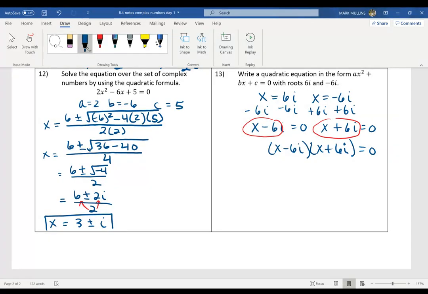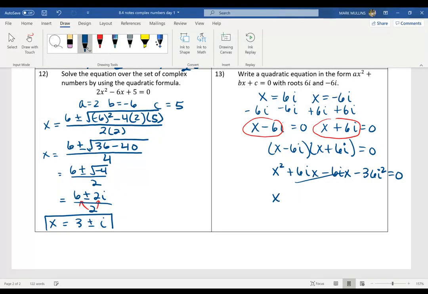So x times x is x squared plus 6ix minus 6ix, and then minus 36i squared. Hopefully this is looking familiar. Middle parts cancel. Hopefully you knew that because one's plus, one's minus. We need to really identify with that structure for sum and difference and know how that works.